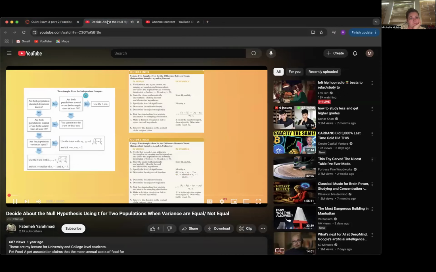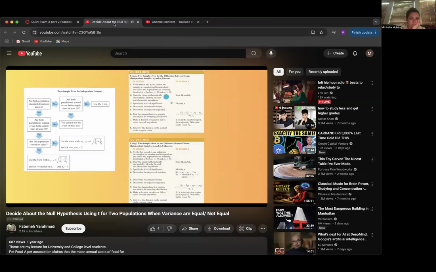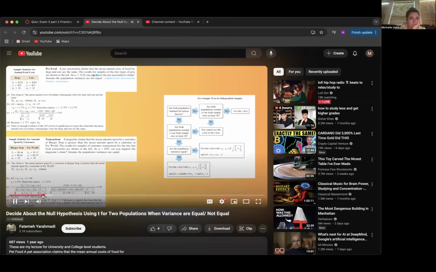So when you have two sample tests for independent samples, these are the steps that we need to follow. If population standard deviations are given to us, we're going to use the z-test, these steps here. The results for samples of two types of pets are shown at the left-hand side.